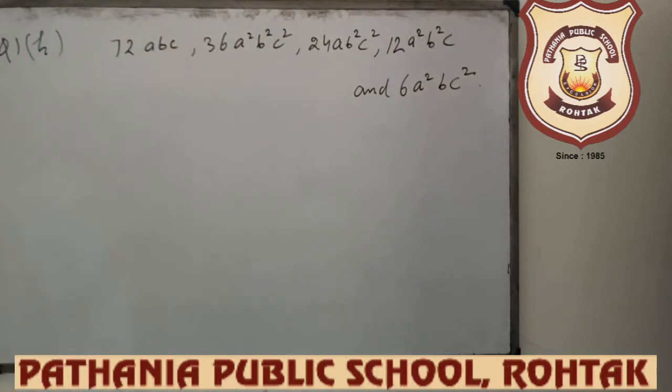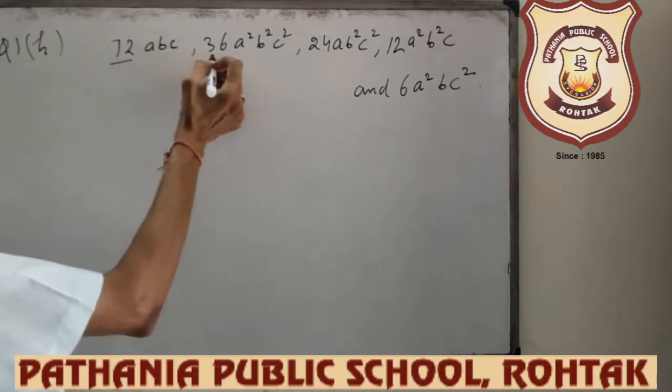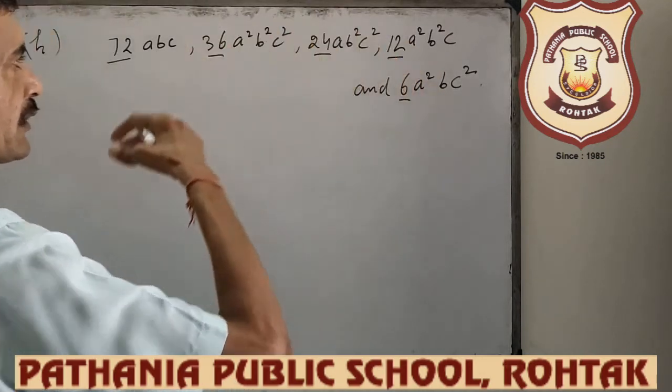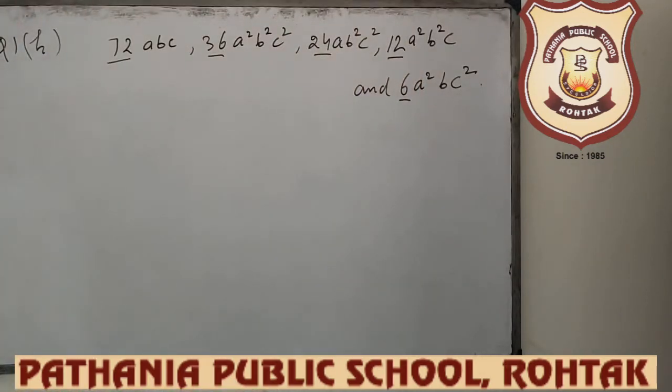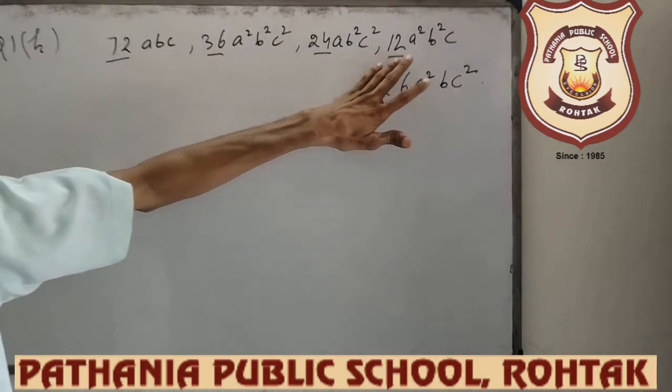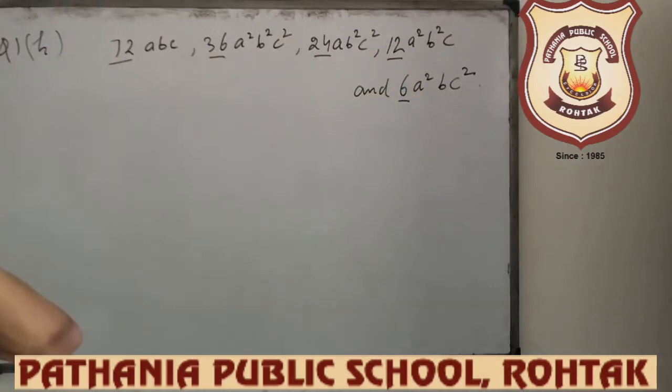But from the numbers you should write like this. Take the number which divides all the numbers. Tell me a number which divides 72, 36, 24, 12 and 6. That is the common factor. A common factor divides all the given numbers.